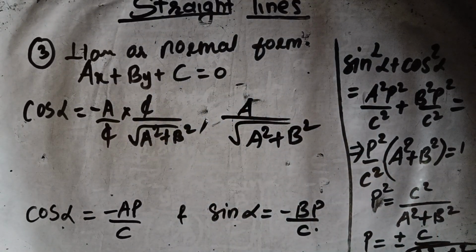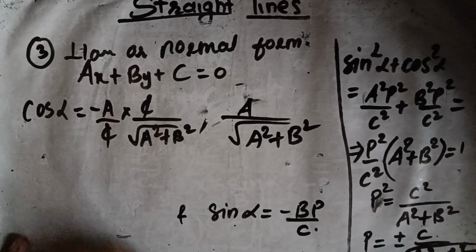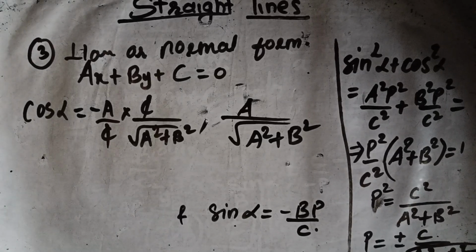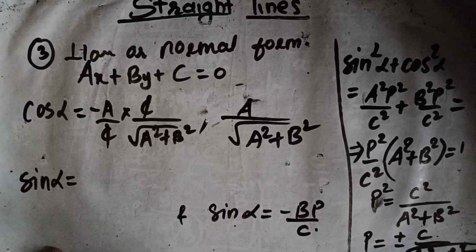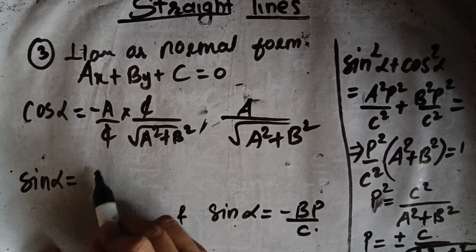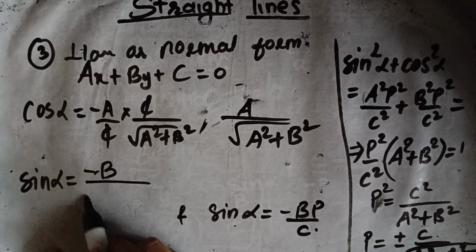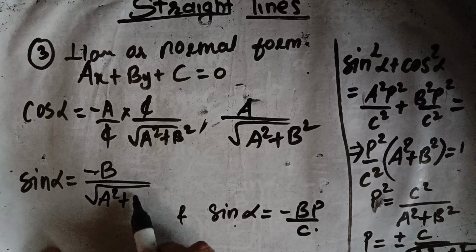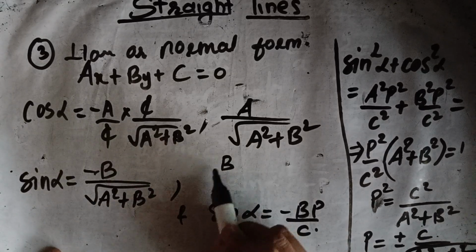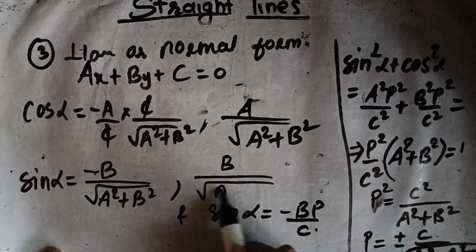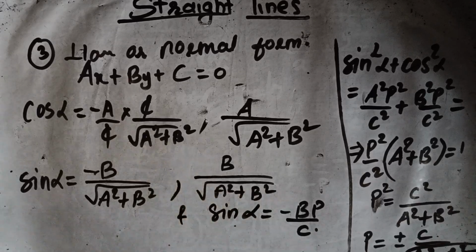What about sin alpha? In the same way, for a positive value of p we get minus b upon root of a square plus b square, and for the negative value it is b upon root of a square plus b square.